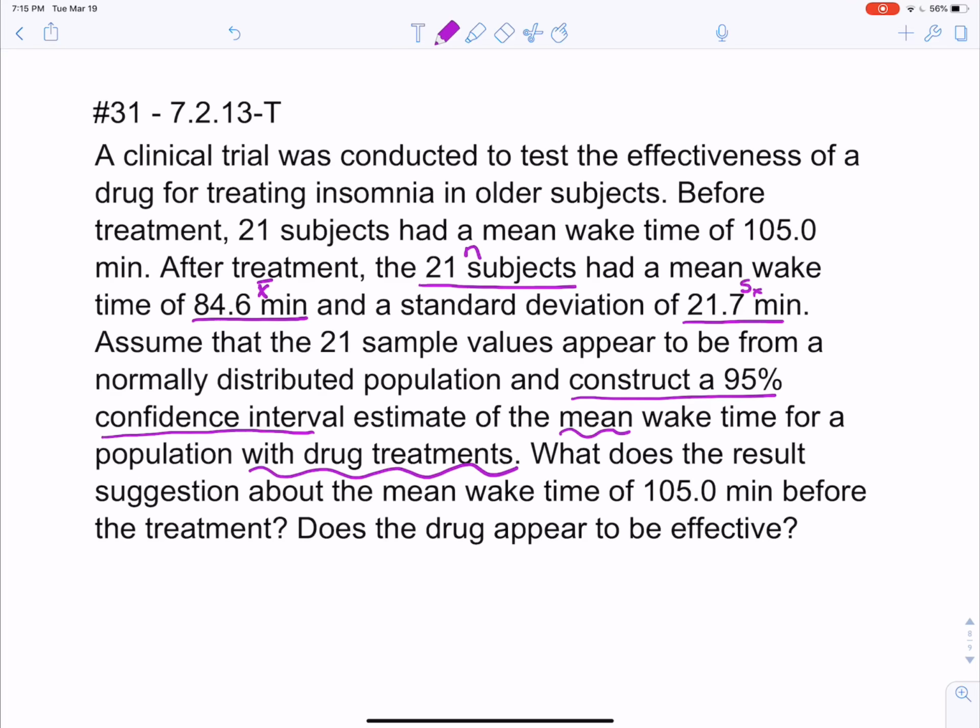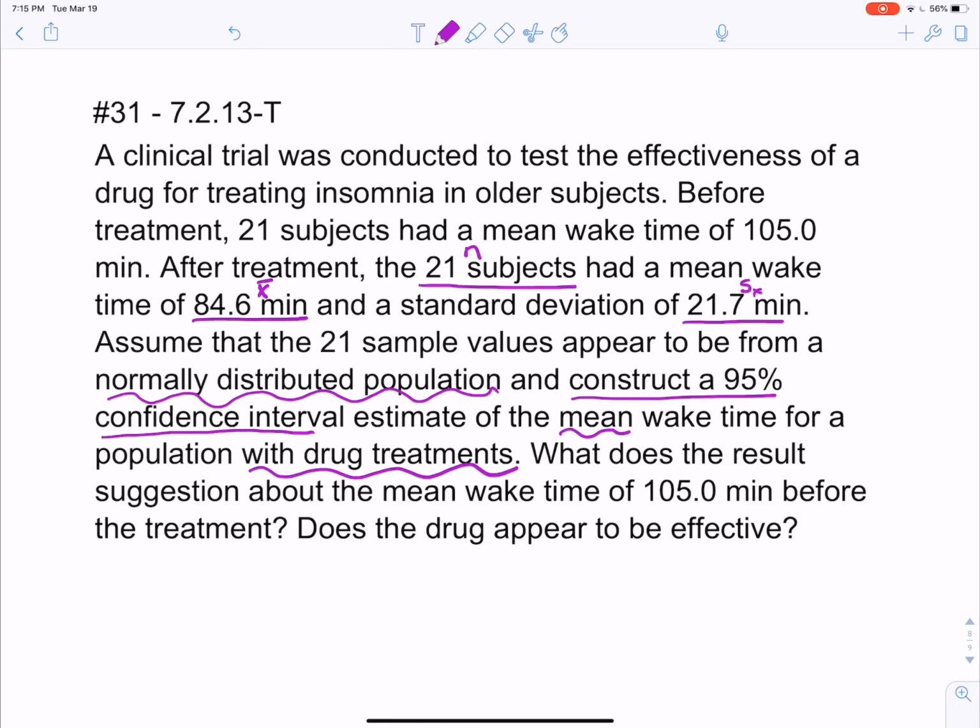So if I'm trying to figure out my confidence interval, I know that I'm calculating it for the mean. So I need to decide, am I going to use my z-test or my t-test? Now, notice my n is small, it's less than 30, but they do tell me that they appear to be from a normally distributed population. So it's okay to use z or t.